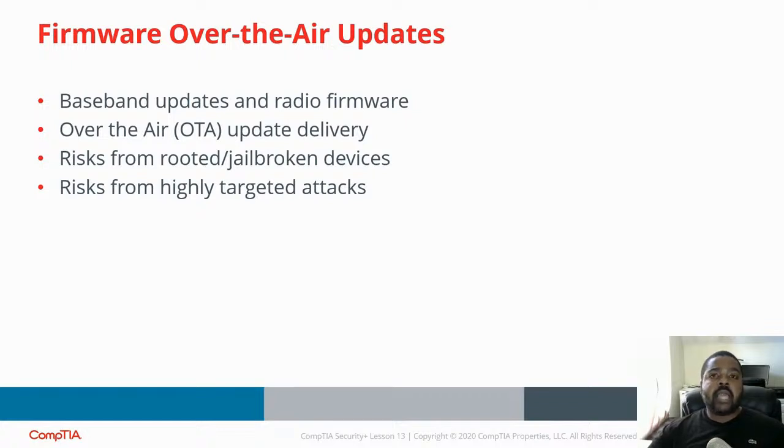When Android and Apple say that, hey, we have updates ready, it's for security reasons, and for functionality as well. Apple may give you some new emojis, but if you really read what's going on with the updates, they're saying, hey, this update is to provide more security to the phone.